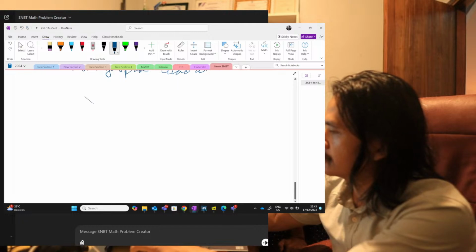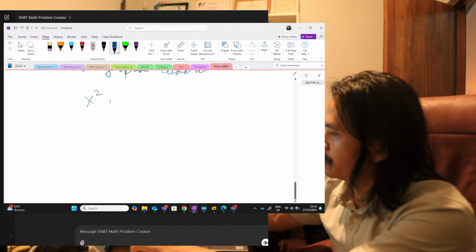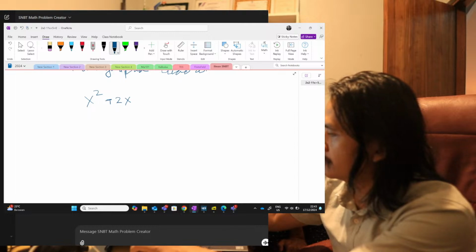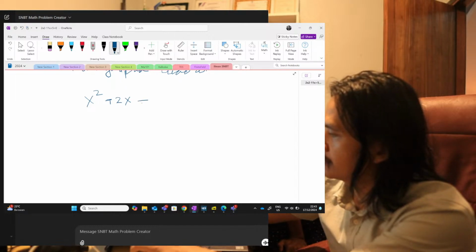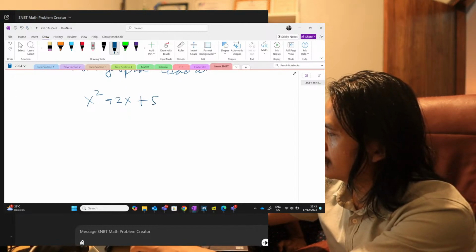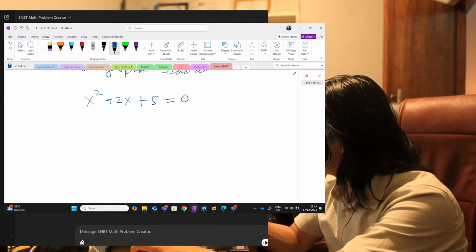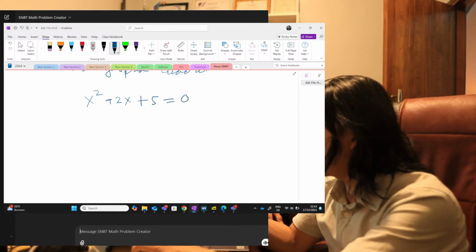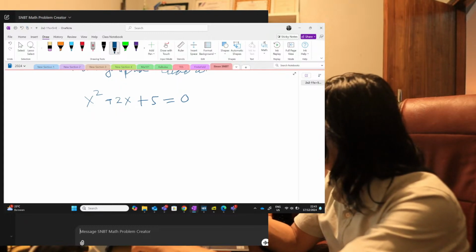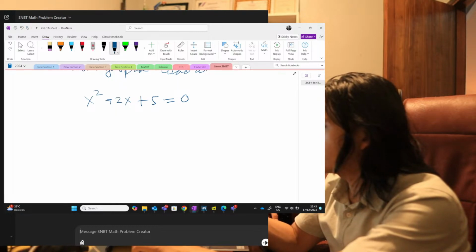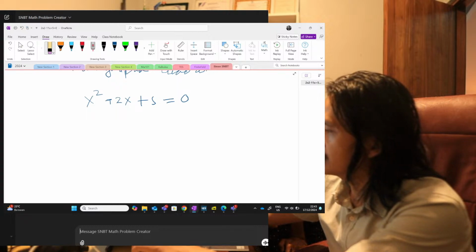Ini misalkan x kuadrat tambah 2x. The pen is bad. So this one will not work, right, using that way? You need the product to be 5, but the sum to be negative 2. That's a plus. Oh, maybe not this one.